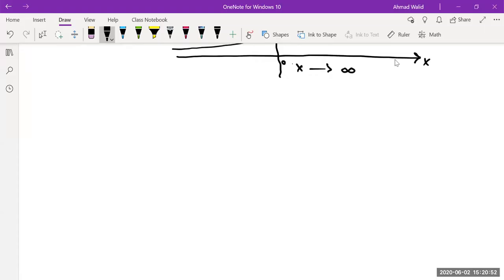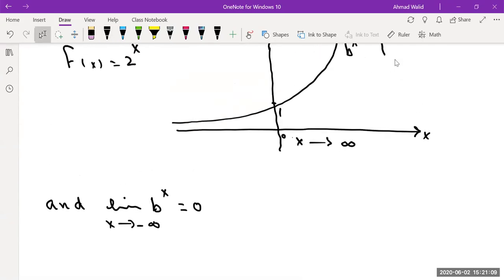And also, the limit of b to the power of x as x approaches negative infinity gives you always 0. Look at our graph.